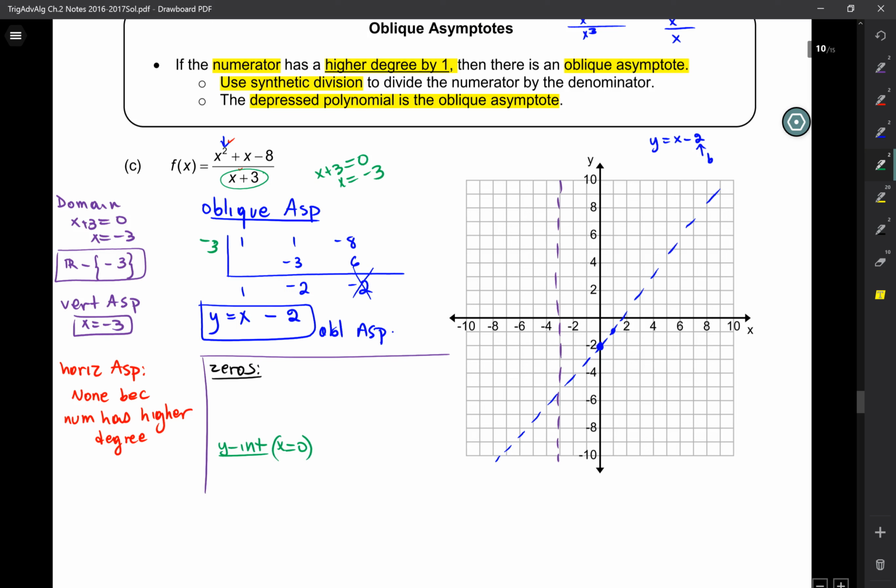In the numerator, I get negative 8 over 3, right? How much is that in mixed number? It's negative 2 and 2/3. There is my y-intercept, right?